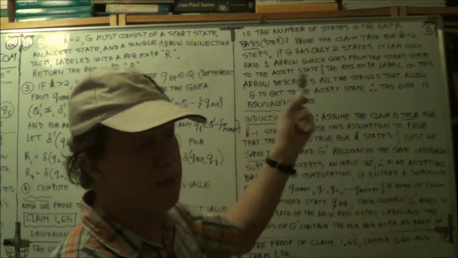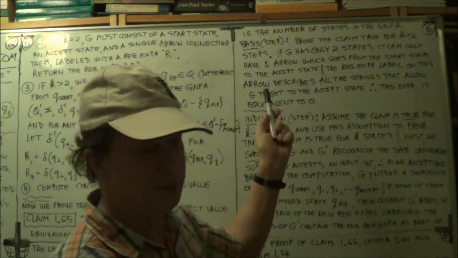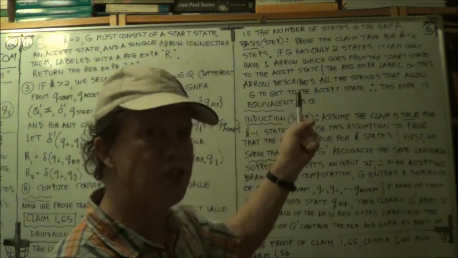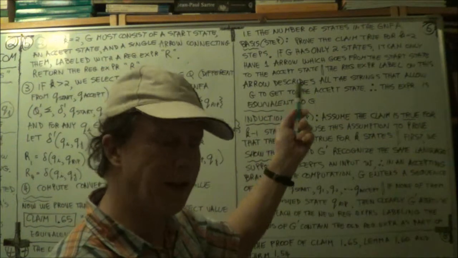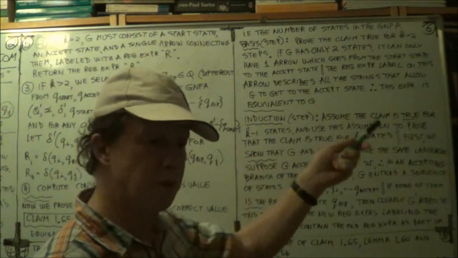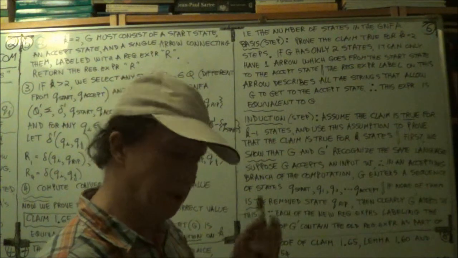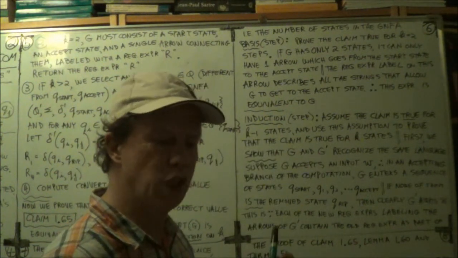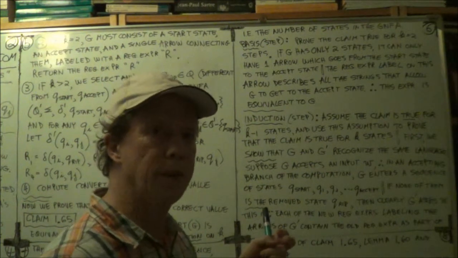So any string that matches that R on the transition arrow to the accept state, that string is accepted by the machine G.